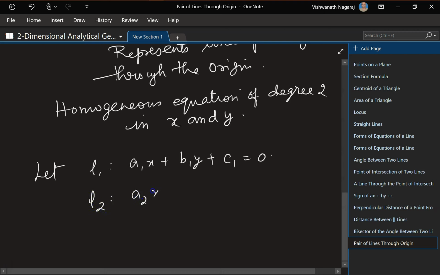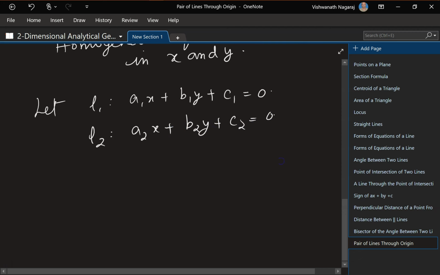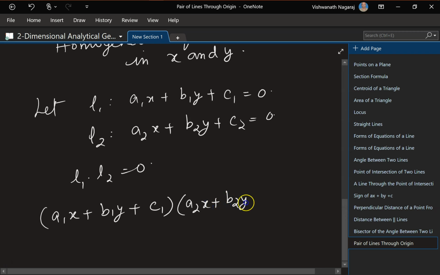L2 is a2x plus b2y plus c2 equal to 0. Following the same logic, let's say L1 times L2 equal to 0. That means (a1x plus b1y plus c1) times (a2x plus b2y plus c2) is equal to 0.